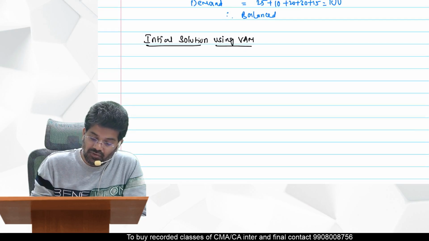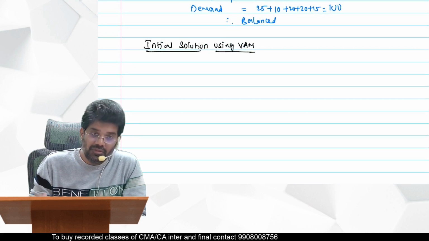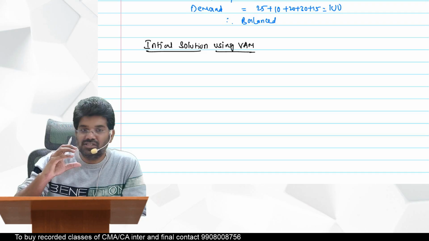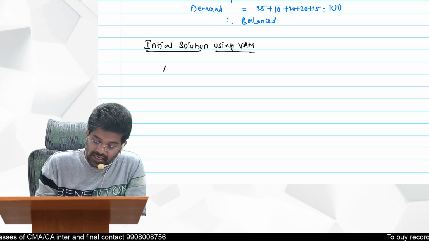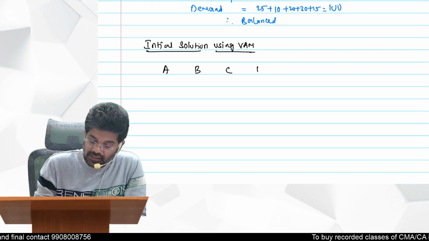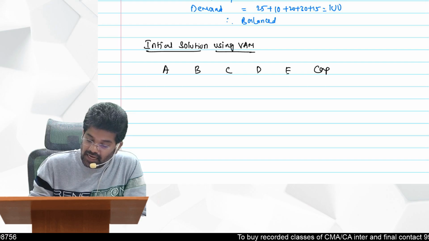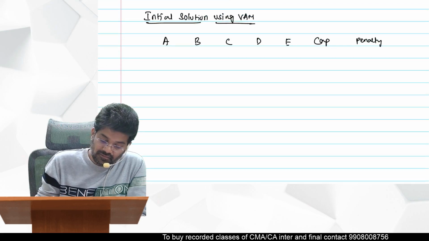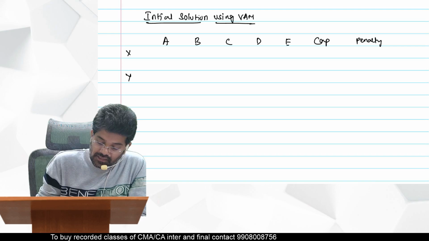First what I will do is, I will take these columns, with bigger boxes. So we have retail outlets A, B, C, D, E. Then you can take capacity, then penalties.